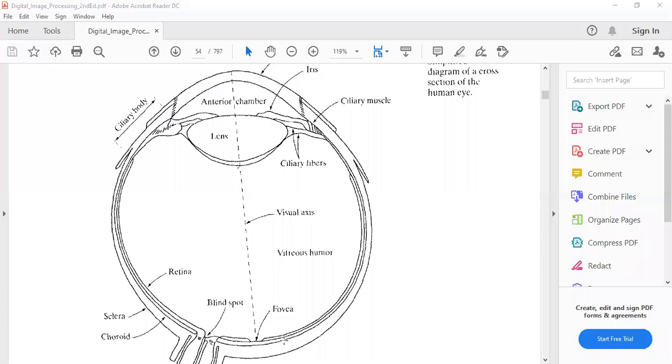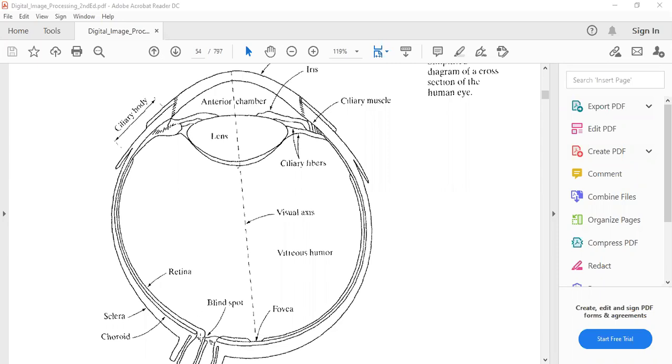Scotopic is dim light vision, and photopic is bright light vision. Then we have the blind spot.